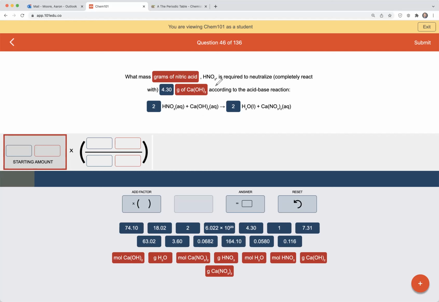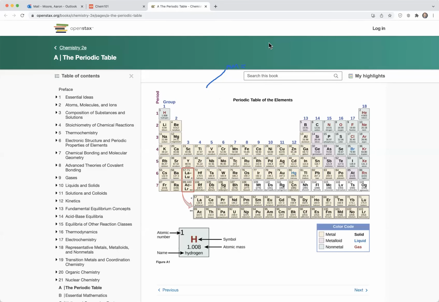One of the things that we're going to need is the molar mass of calcium hydroxide. So there's the calcium in there. Let me bring up the periodic table just a second. Calcium is right there, and I'm just going to estimate, we're going to say it's 40. Then the formula is Ca(OH)2.